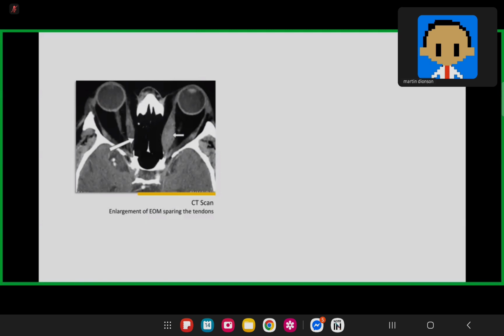If you compare it to the muscle on the other eye, the other is smaller. And then your inflammation is only at the middle part, so it's sparing your origin and your insertion. That means enlargement spares the tendons.